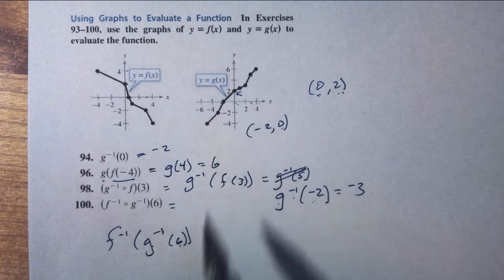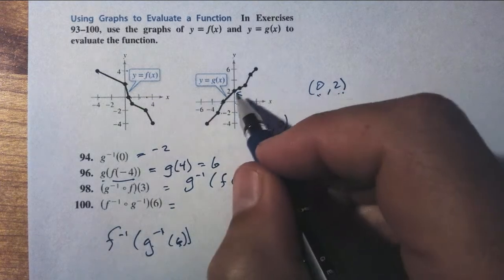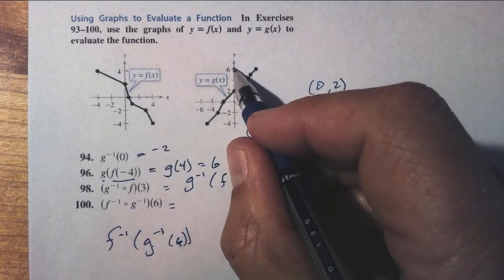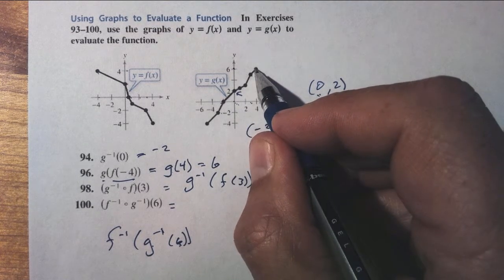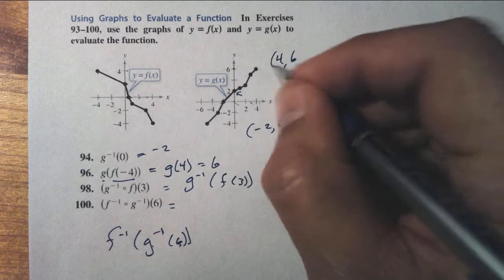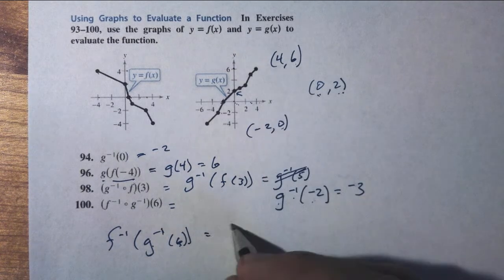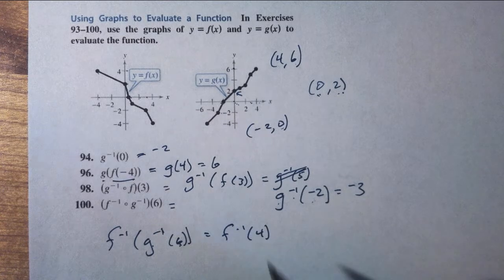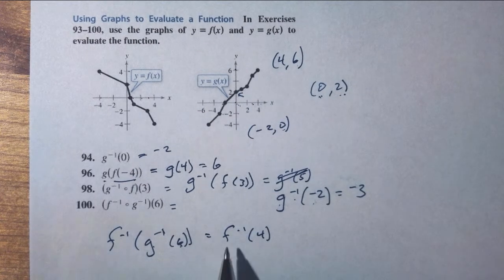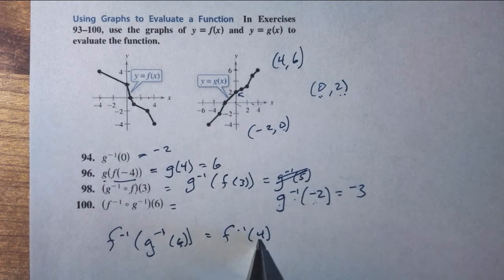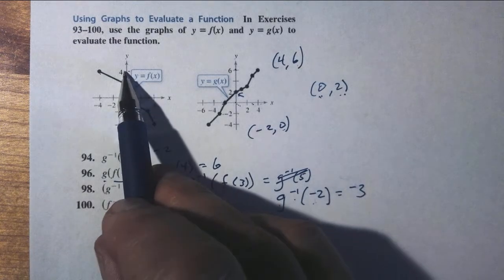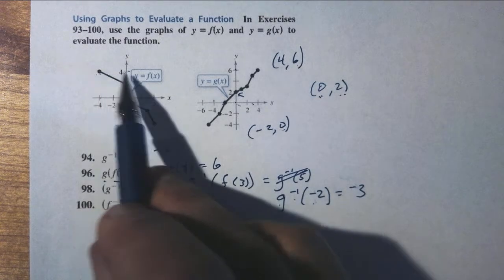G inverse, I want to look at 6 as the y value. The y value we put in 6 turns it into 4. See, g has the point 4, 6 on it. So g inverse would have the point 6, 4. So this is f inverse of 4. So that's saying, when does f's y value become 4? F's y value becomes 4 over here at -4.